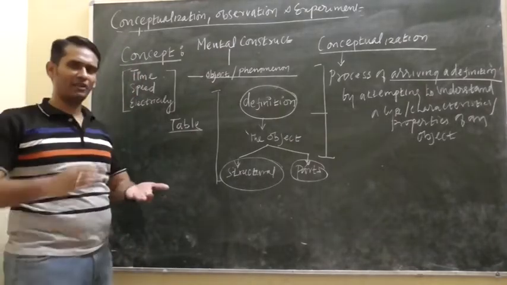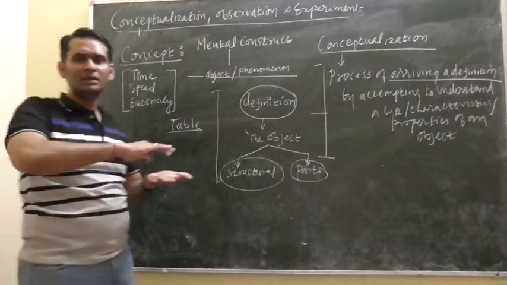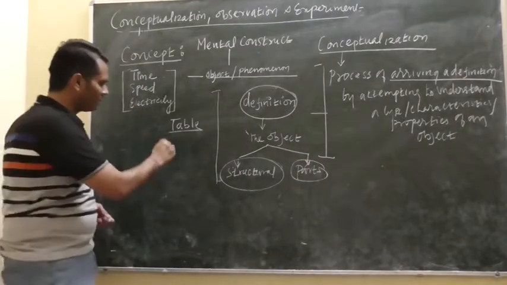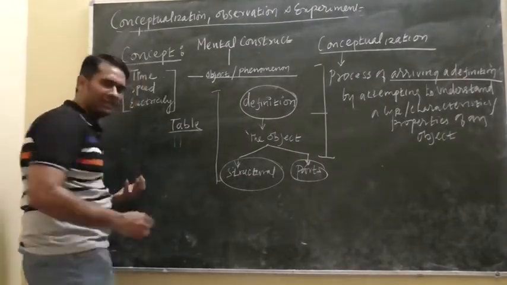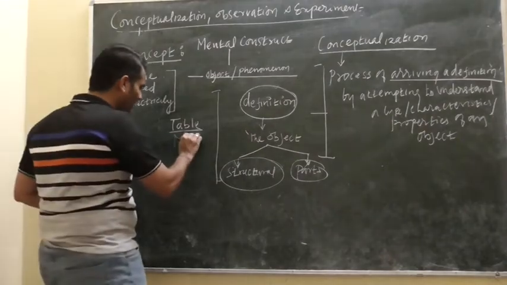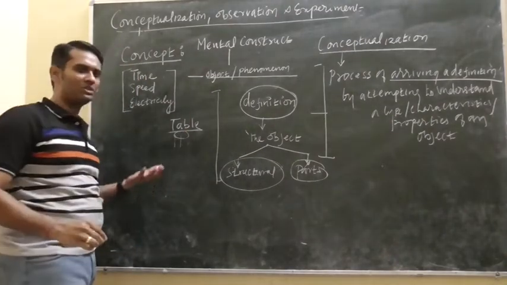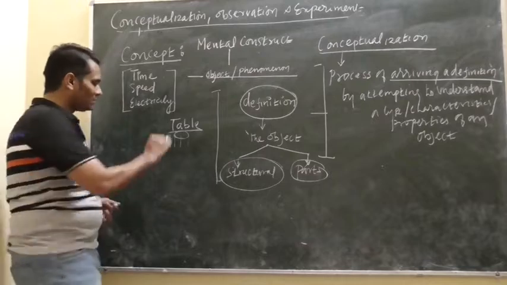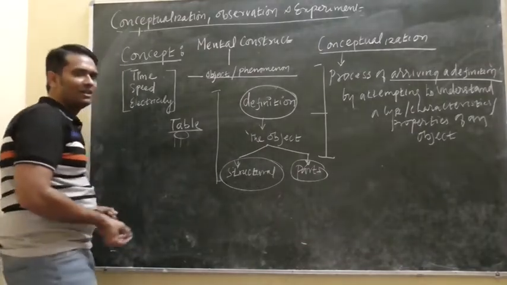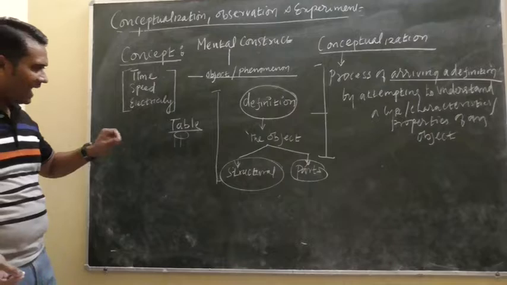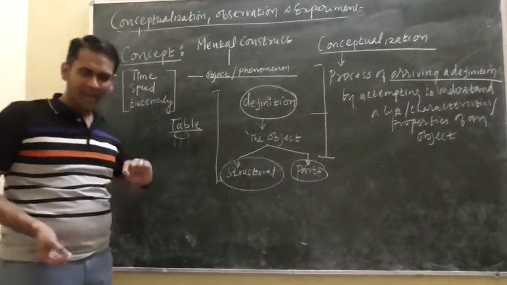There will be 4 legs or 3 legs, and on the top of it, there will be wood, plywood, which is placed. What is the use of the table? You will be able to explain each and every aspect of the very idea of the table.